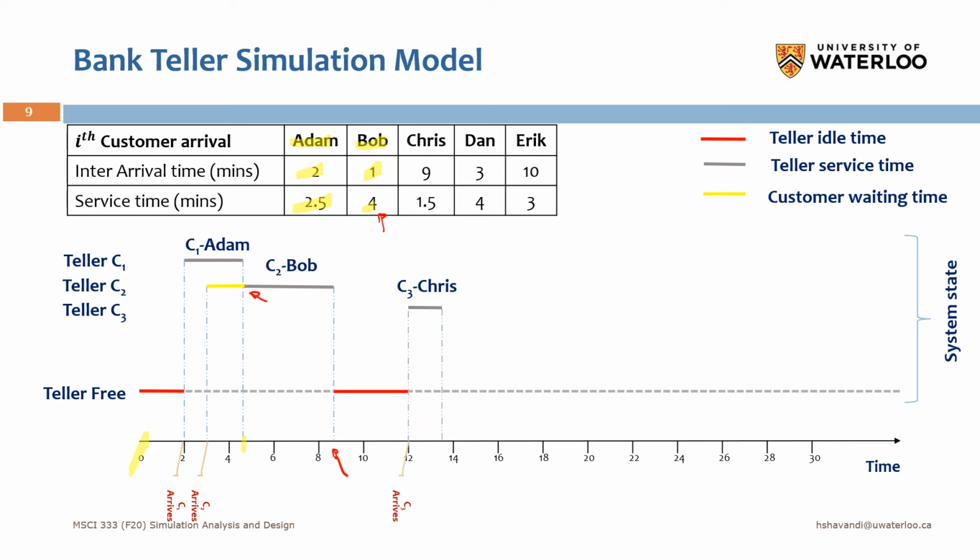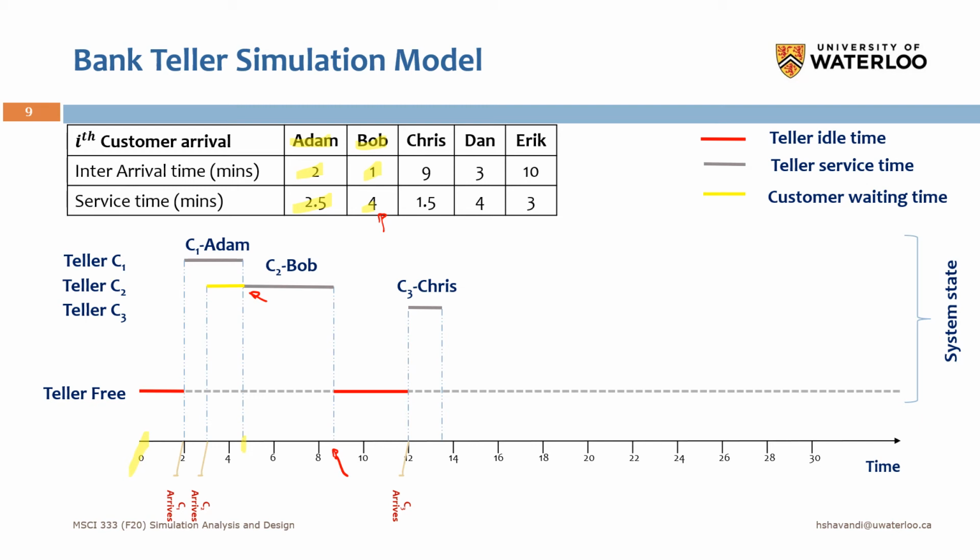The next customer, Chris, is supposed to come for service at time 12, because as you see here, the inter-arrival time between Bob and Chris is 9. I mean, 9 minutes after Bob arrived, Chris will arrive. Bob arrived at time 3, so after 9 minutes it will be time 12. So Chris will arrive at time 12.